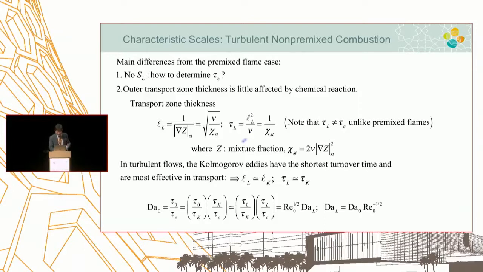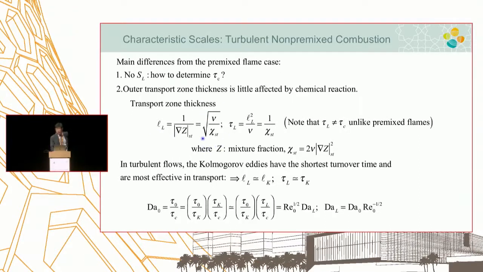there's some decoupling. So I'm realizing that I'm spending a little too much time here, so I will just try to skip through it. But basically, transport zone thickness, which is based on mixture fraction, will tell us roughly the thickness. Again, this is an estimation of the flame thickness, which is a transport zone of the non-premixed flame.